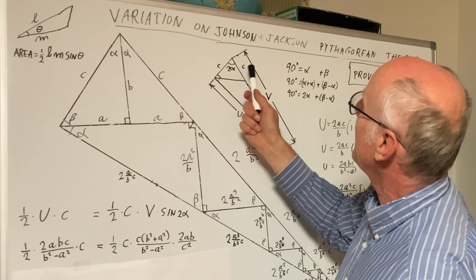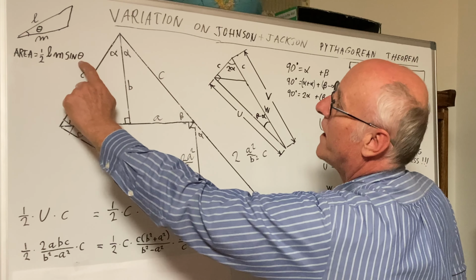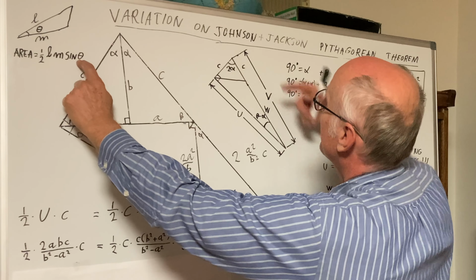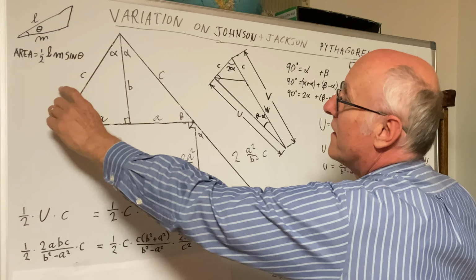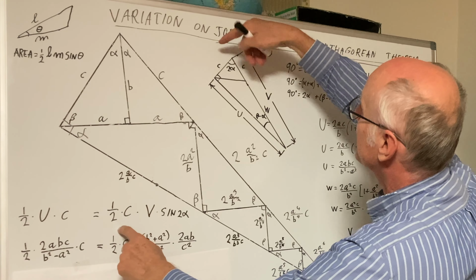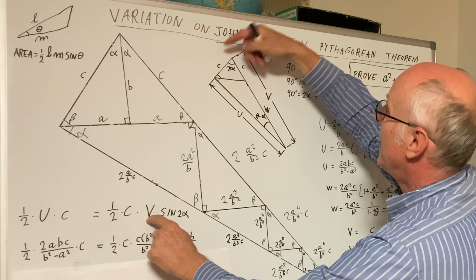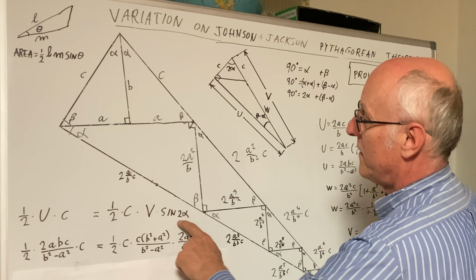Of course, when this is not 90 degrees, we have to add the sine of the angle that's between these two sides. So area is 1/2 c times v times sine of 2 alpha.